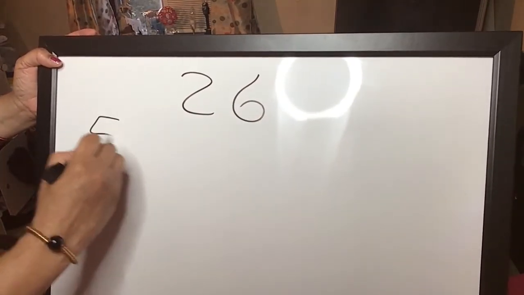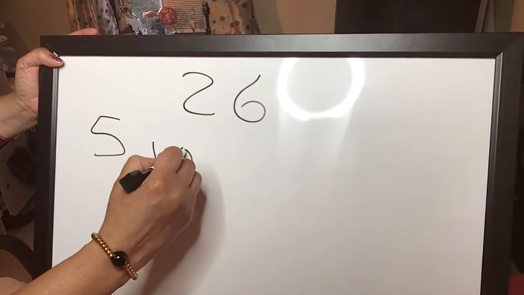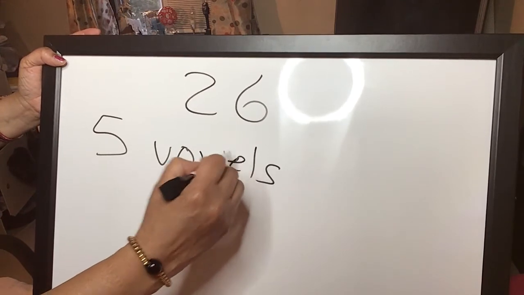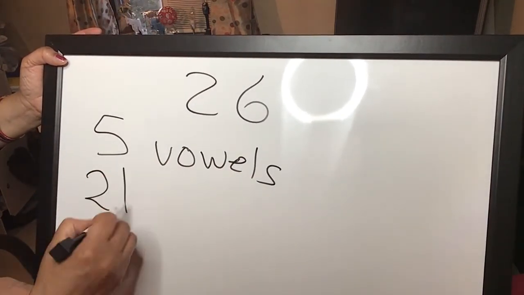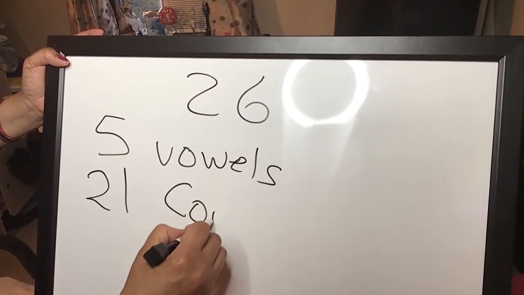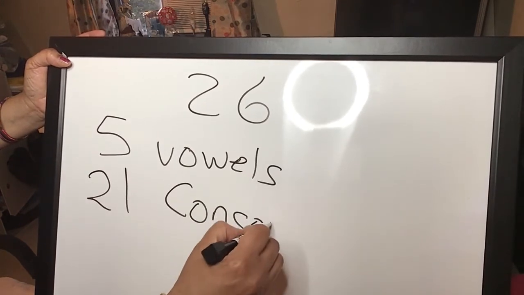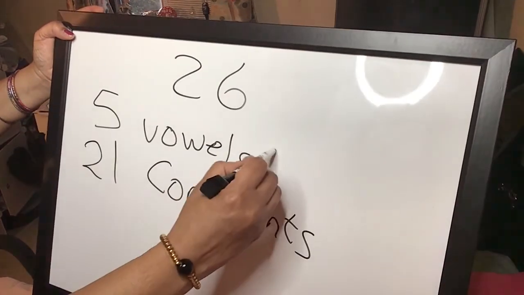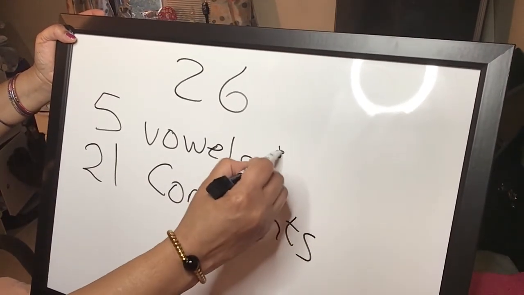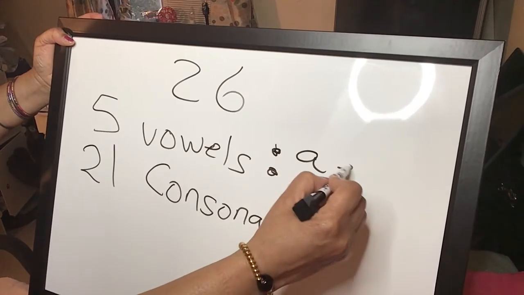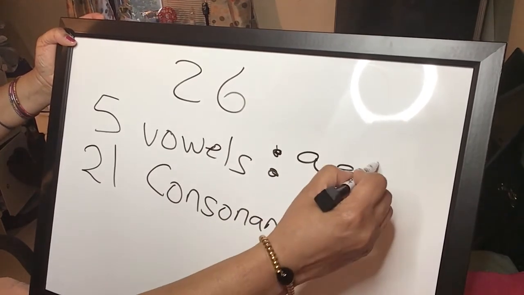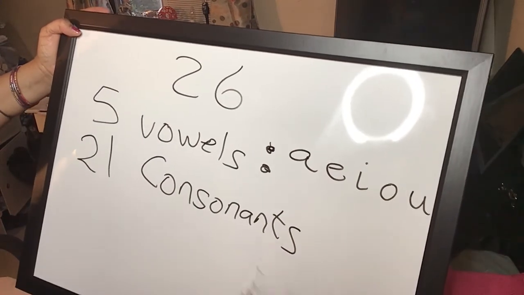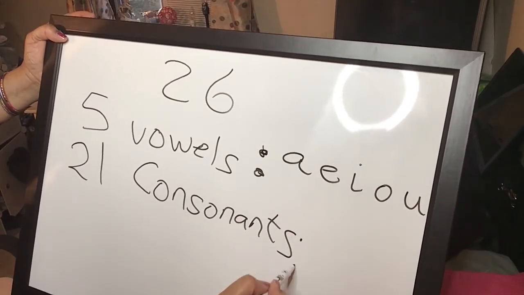You have 5 that are called vowels, and 21 that are called consonants. 5 vowels: A, E, I, O, U. And the rest are the consonants.